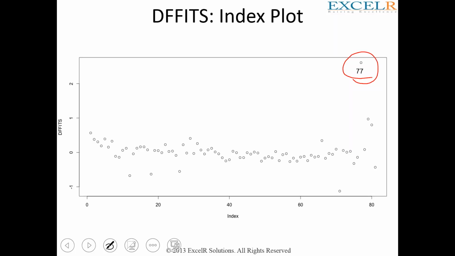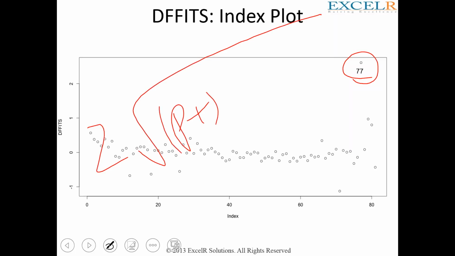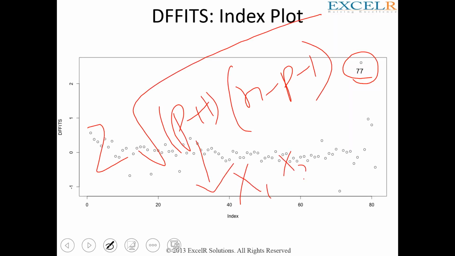And there is a thumb rule: 2 times the square root of (p plus 1) divided by (n minus p minus 1). Here p is the number of x's, x1, x2 until xp, and n is the number of observations.